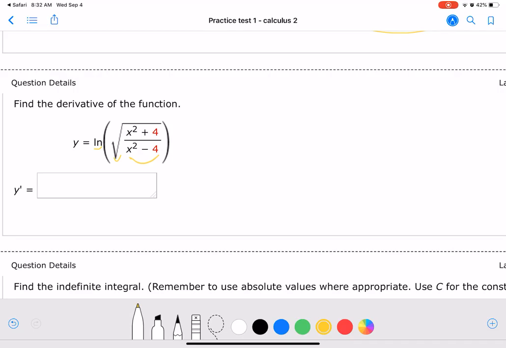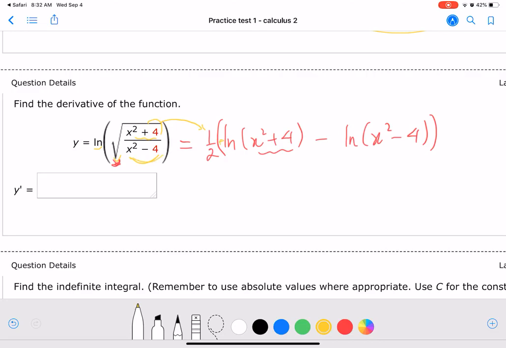Here the power is 1 over 2, like the previous example, so I can write just 1 over 2 times ln of x squared plus 4, and then minus ln of x squared minus 4. Because x squared plus 4 is on the top, and everything on the top will be with positive sign.